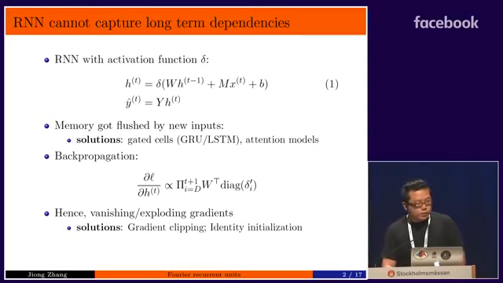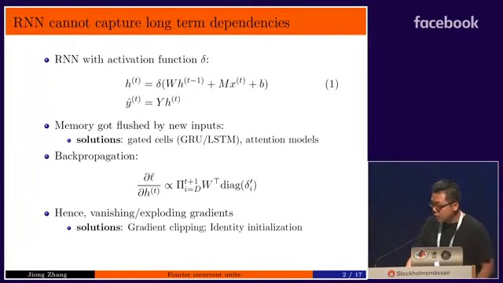Another problem with RNNs is the vanishing or exploding gradient. Along the temporal dimension, the gradient can grow or vanish exponentially and thus cause problems. So now people are trying to tackle that with gradient clipping or by initializing the weight matrices with identities.